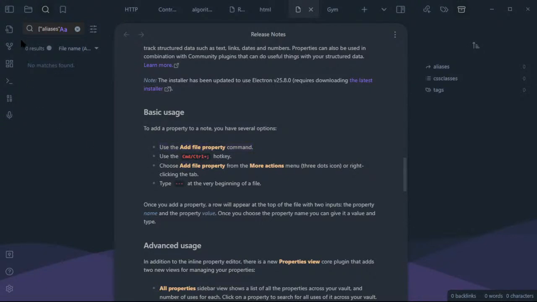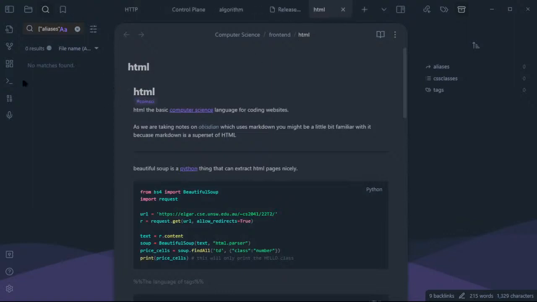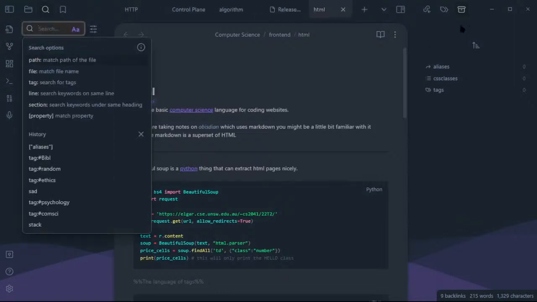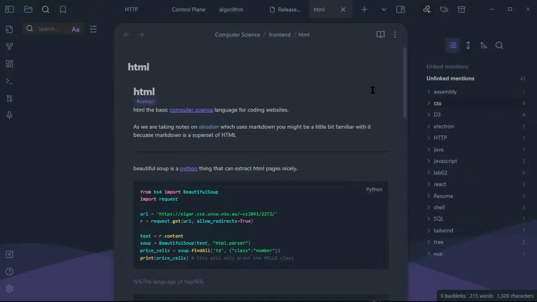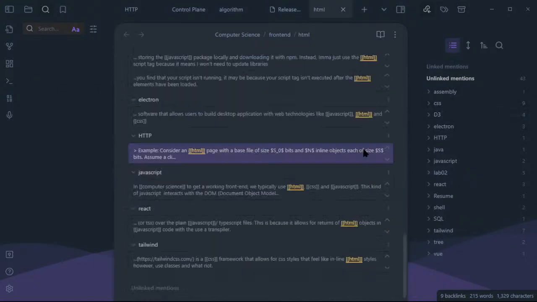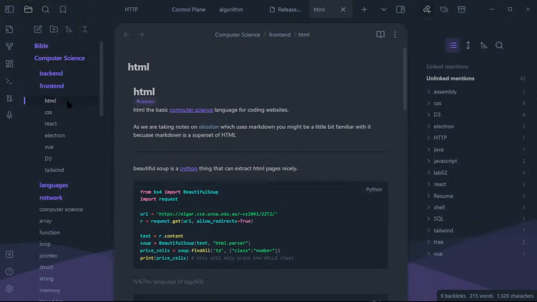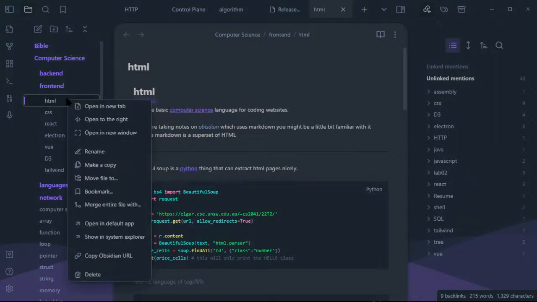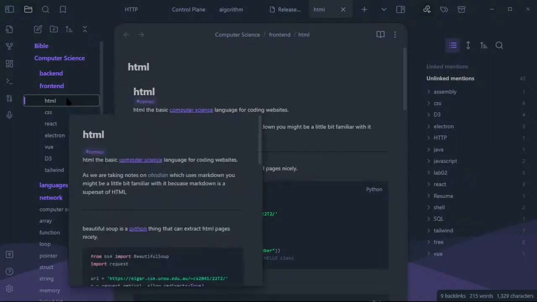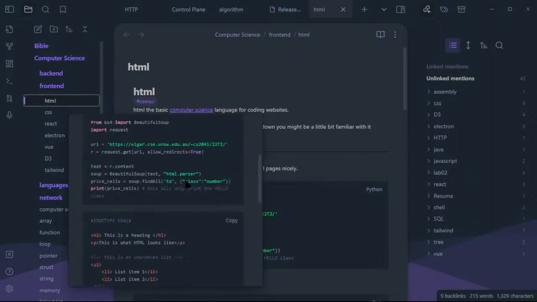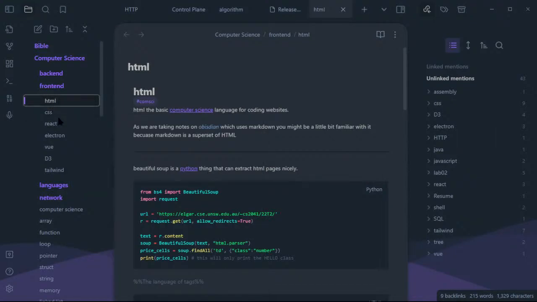To add property to a node, you can press Control plus colon. Control plus colon. What? Oh, so you don't actually open it. What? Who cares about that?